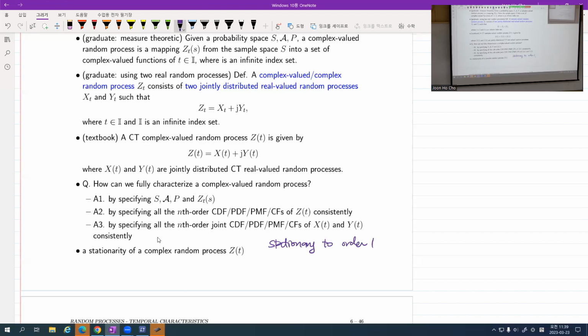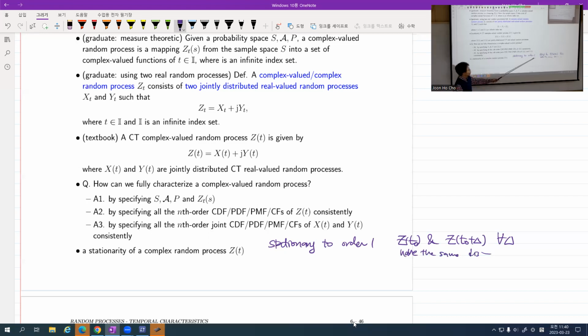The simplest definition is that Z of t sub 0 and Z of t sub 0 plus delta, for any delta, have the same distribution. That is stationary to order 1.